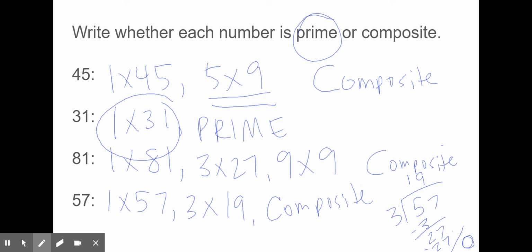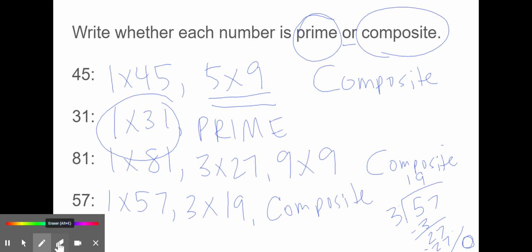It's just to decide whether or not it's prime or composite. So once we get to our decision, once we prove our decision, then we can move on. Okay, so hopefully that made sense. If it did not, you are more than welcome to rewind, pause, hit it again. But that is the end of the prime and composite lesson.